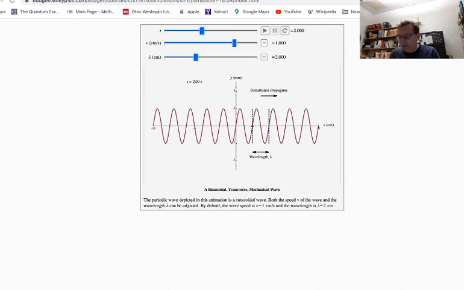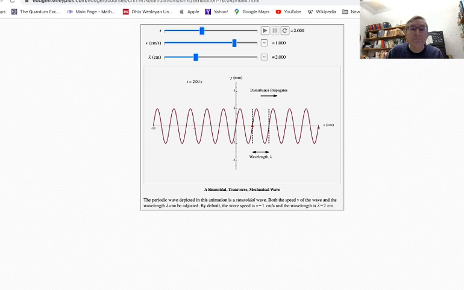That's the shortest repeat distance of the wave, from one zero crossing going upward, where the red dot is, to the next zero crossing going upward. That is called the wavelength, lambda.